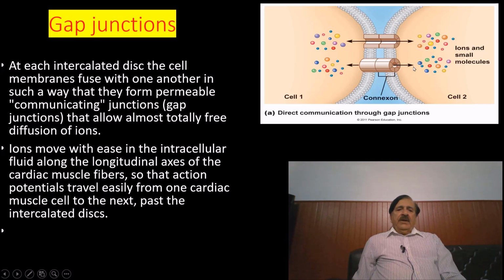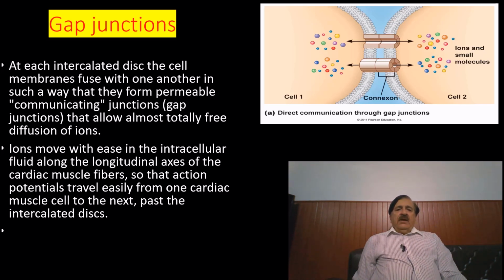Ions move with ease in the intracellular fluid along the longitudinal axis of the cardiac muscle fiber, so that action potentials travel easily from one cardiac muscle cell to the next past the intercalated disc.